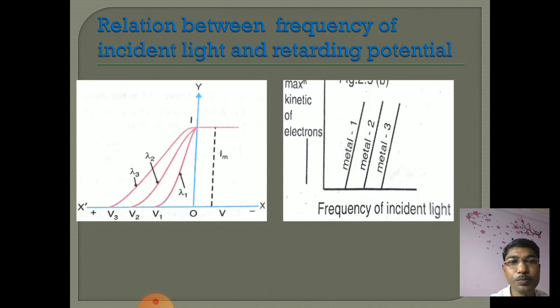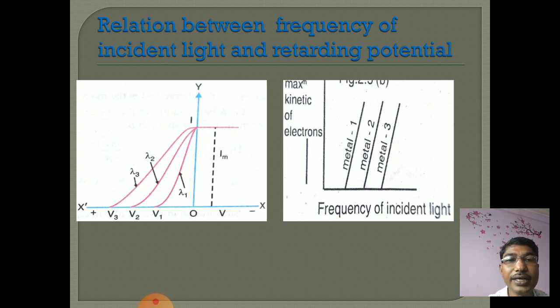Now I am going to explain the next relation, that is, the relation between frequency of incident light and retarding potential. Here also taking three different frequencies of light or different wavelengths, lambda 1, lambda 2, lambda 3.